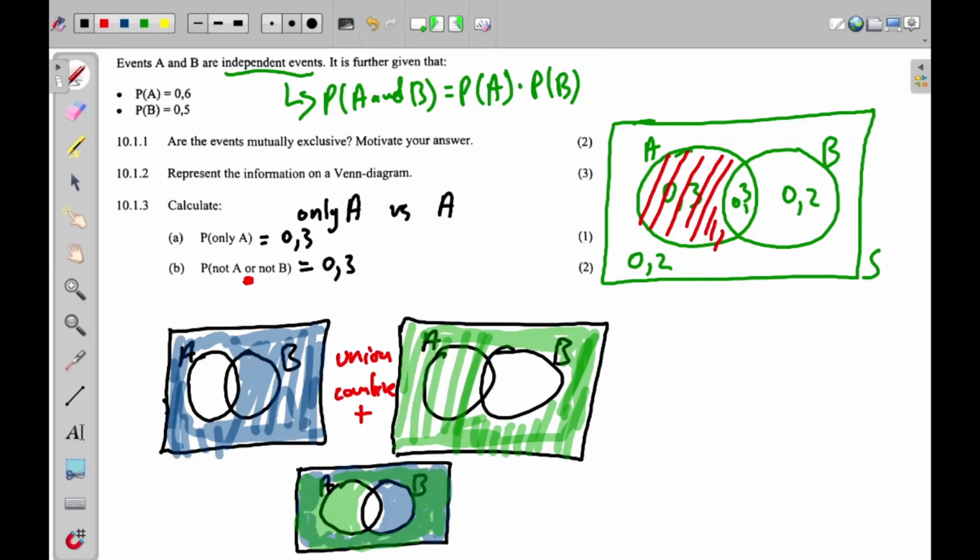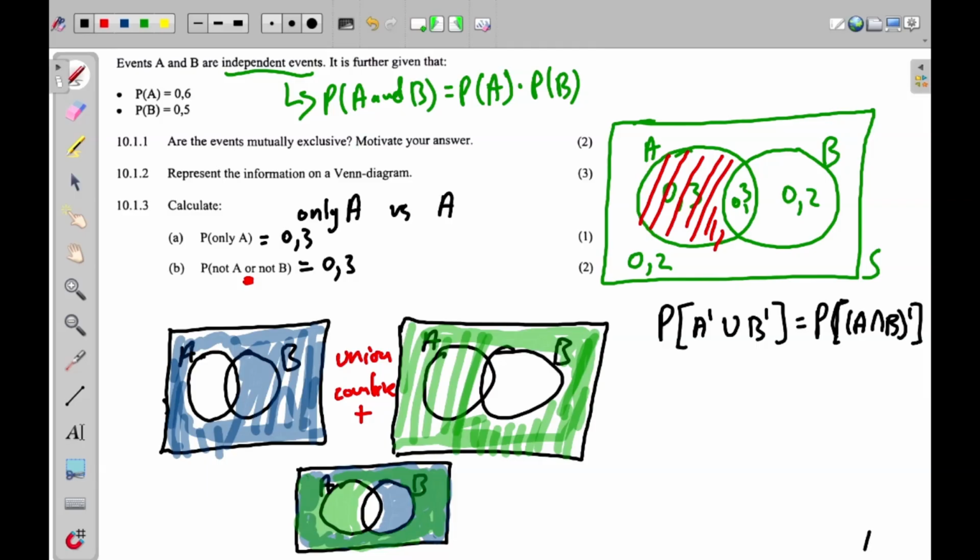And I want to write down De Morgan's law in this context. This is what it says. It says, if you are working out the probability of not A or not B, this is actually equivalent to just working out the probability of the complement of the intersection. In other words, whatever is outside the intersection.